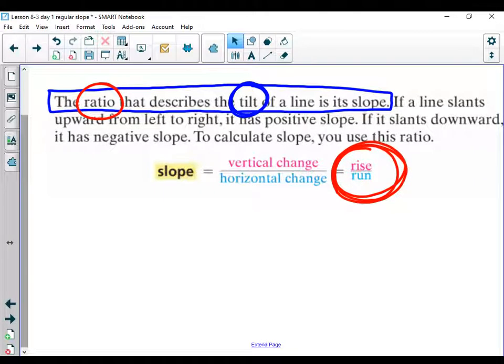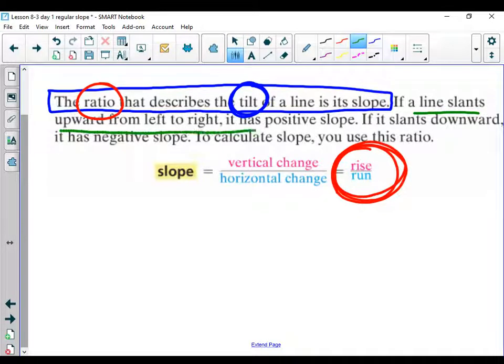The next two sentences we're actually going to draw a picture for. When it says, if a line slants up from left to right, are you drawing?